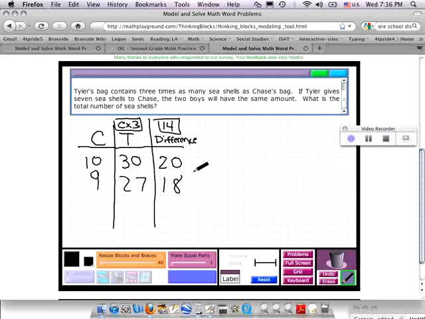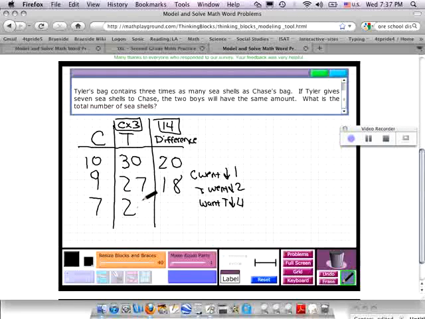And we saw when Chase went down 1, the total went down 2. We want the total to be 4 less because we want the difference to be 14. So we're going to go down 2 groups of 2, which will bring us to 7. So if Chase has 7, Tyler has 21, and the difference is 14.